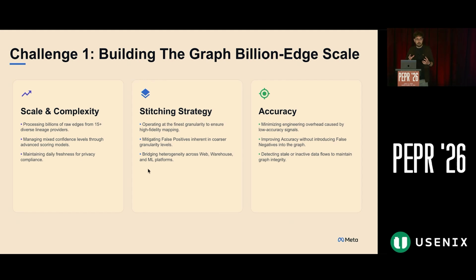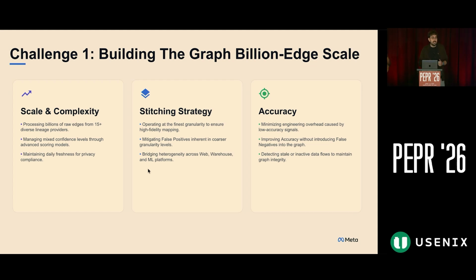Then, when we started to bring them together, we noticed that stitching them is not easy either, because granularity is a big problem. In a naive solution, we started by focusing on a coarse granularity, following the asset granularity approach, but we failed very quickly, because it introduced a lot of false positives into our systems, and we started losing trust with our customers.